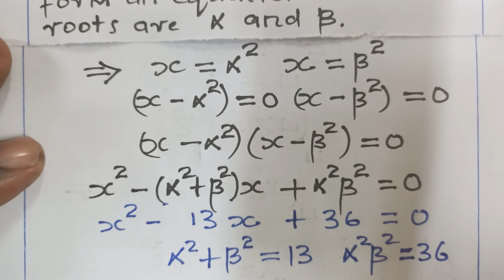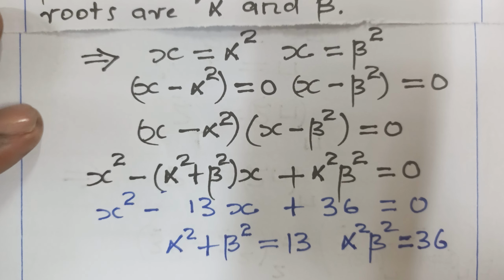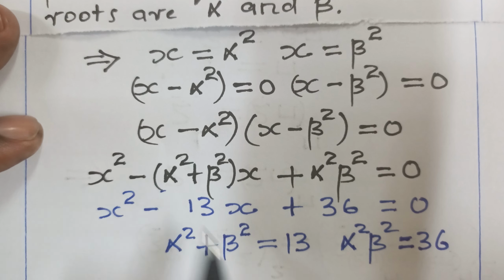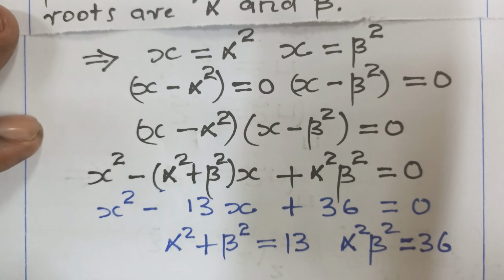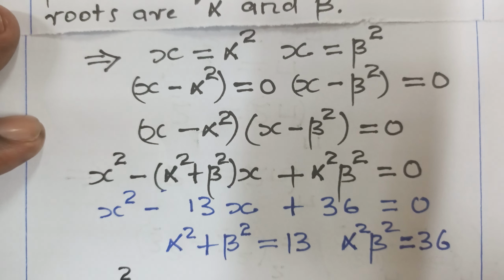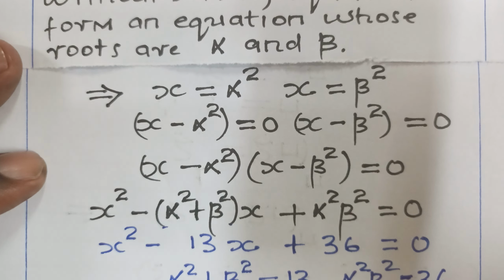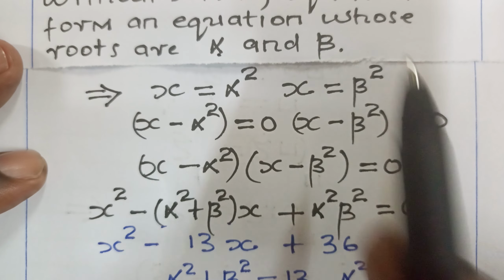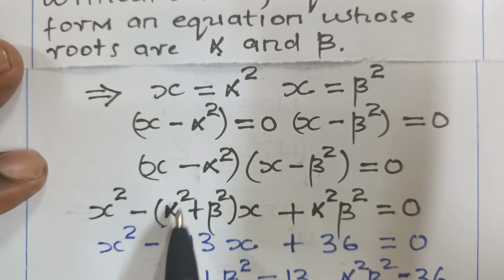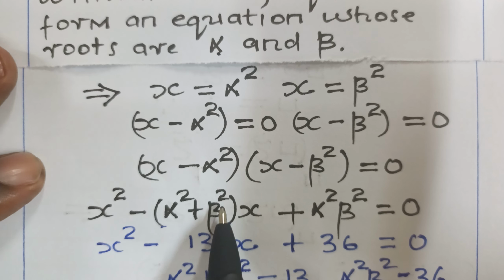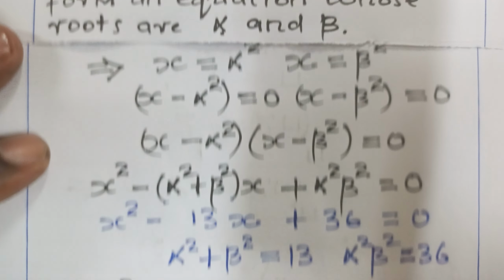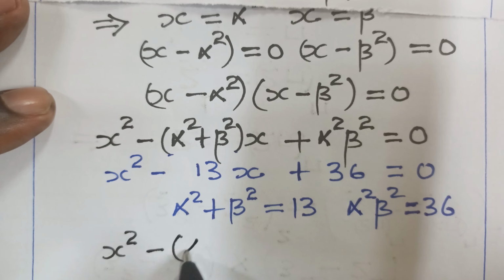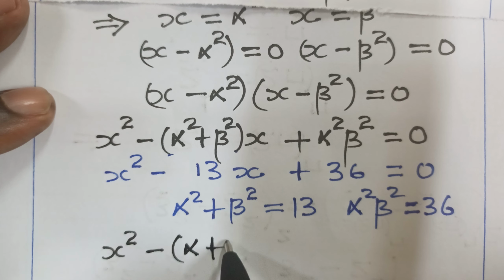Guys, now we come to the equation we are told to form. For our equation, we are supposed to have x squared. That is, the roots are now supposed to be alpha and beta. And so we just replace alpha squared and beta squared with only alpha plus beta.